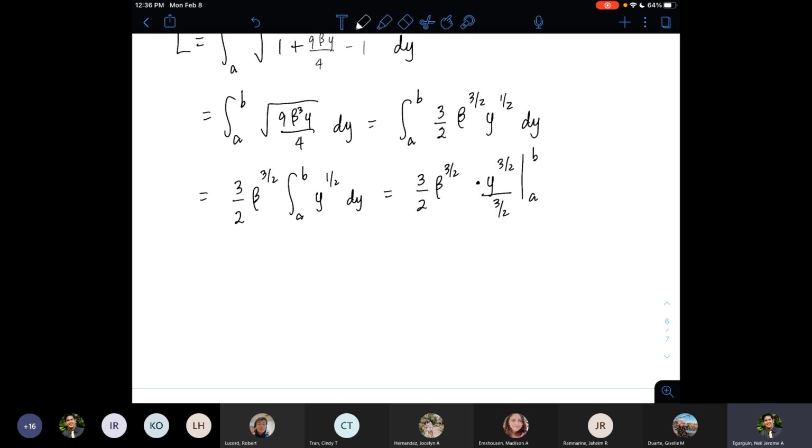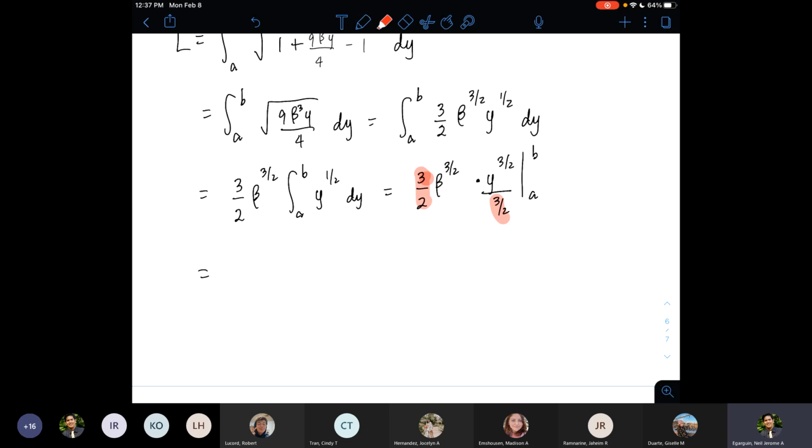Okay, so I integrated y to the 1 half. It's y to the 3 halves all over 3 halves, but I can cancel this and this. So we'll just have beta to the 3 halves times y to the 3 halves evaluated from a to b. A and b are just constants that we don't know the exact values of. So basically this will be beta to the 3 halves times b to the 3 halves minus a to the 3 halves. And that's it.